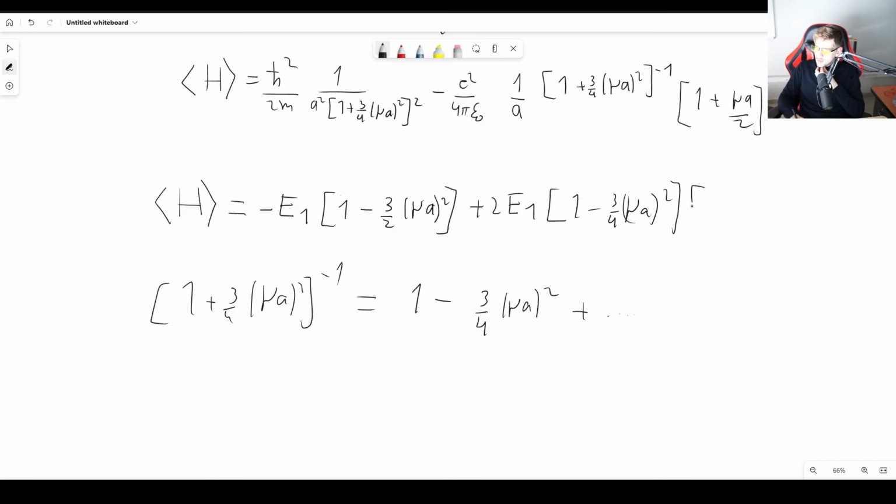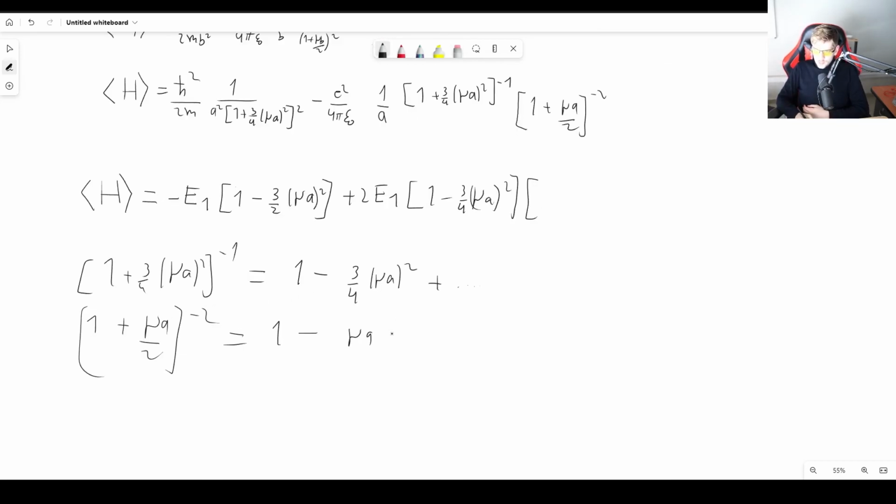Now, for the other term in the bracket, we get 1 plus mu a over 2 to the minus 2. This is 1 minus 2 times mu a over 2. Am I right? Yeah. So these things cancel out. So this cancels out this.